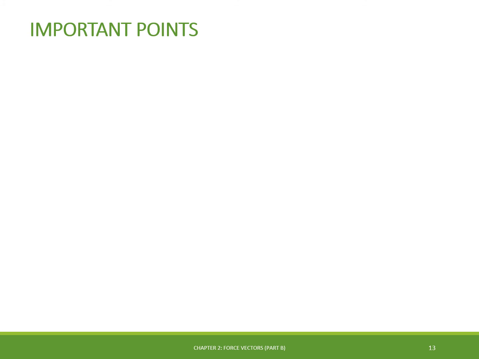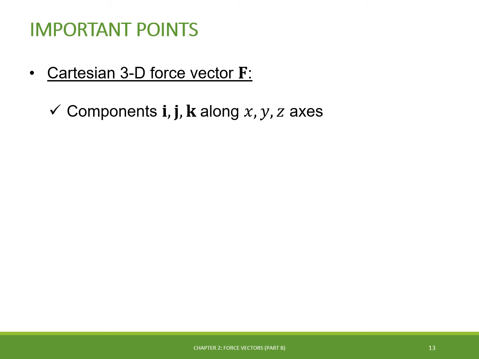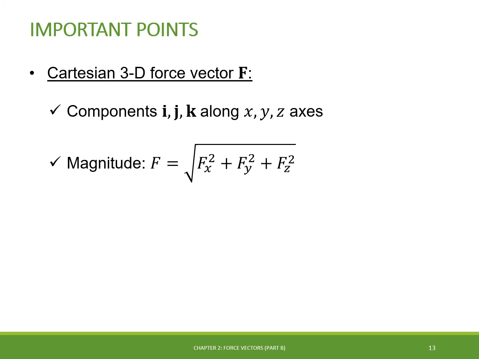Let's then recap the most important points we have talked about regarding Cartesian representation of 3D force vectors. The first important point is that a Cartesian vector has the x, y, and z components represented by i, j, and k unit vectors along these axes. The second is that if the components of a vector F are known, its magnitude is defined as the square root of the sum of the squares of the magnitudes of its components.